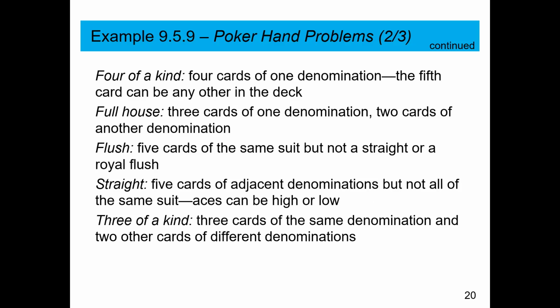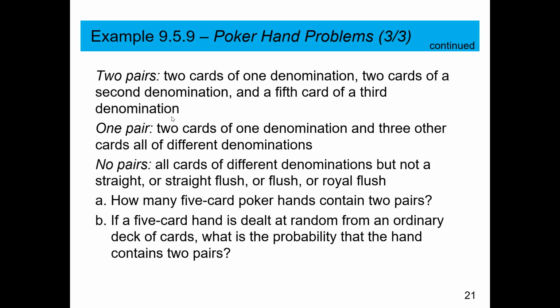So it's not a straight, it's a flush. A straight means the cards are in a row in terms of their value, but not necessarily the same suit. 3 of a kind is 3 cards of the same value. We've already mentioned two pairs, one pair, and no pairs. And with no pairs, if you're playing poker, by the way, high card wins. So here's a question. How many 5-card poker hands contain 2 pairs?